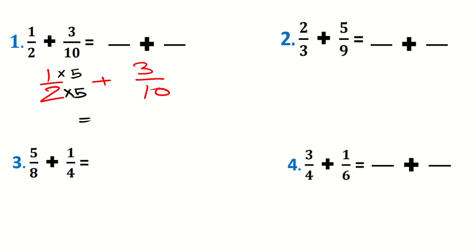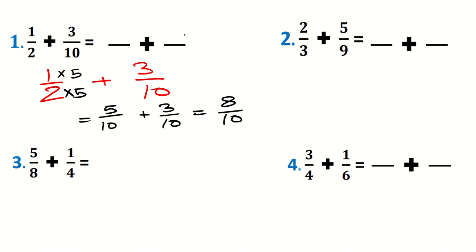So this is 5 multiply 1 is 5 over 5 multiply 2 is 10 plus 3 over 10 as it is. Now you see denominator is same, so numerator will be added. So 5 plus 3 will be 8 over 10. And you will write it into the simplest form also.